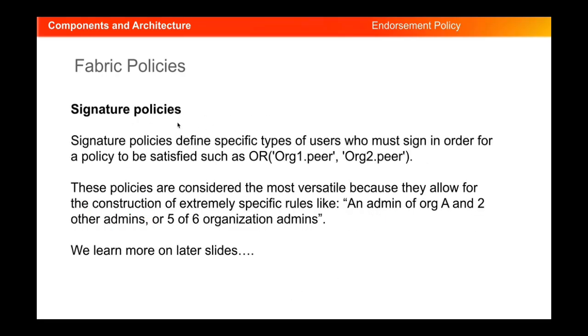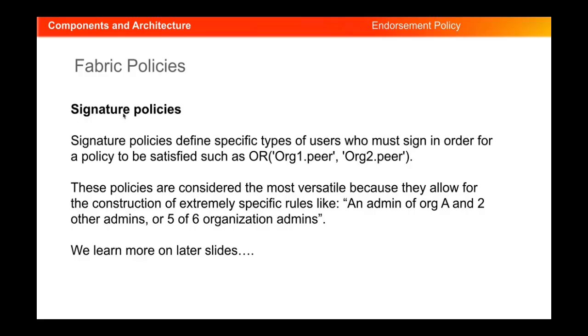Let us look at the signature policy. Signature policies define specific types of users who must sign in order for a policy to be satisfied, such as organization1.peer or organization2.peer. I'm going to explain more in detail with an example in the coming section.